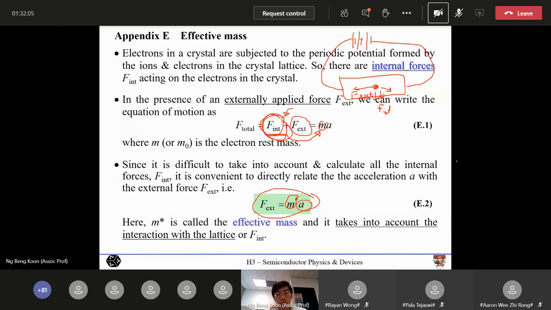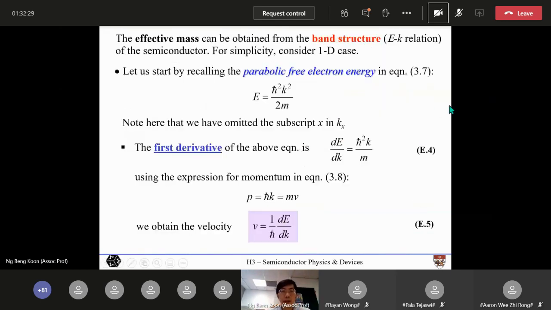That would simplify the analysis a lot, because it becomes like a classical analysis of a particle. It turns out that in the case of an electron in a semiconductor, we can do exactly this. By the way, this representative mass quantity is called the effective mass. In other words, we would have taken into account the internal interaction.